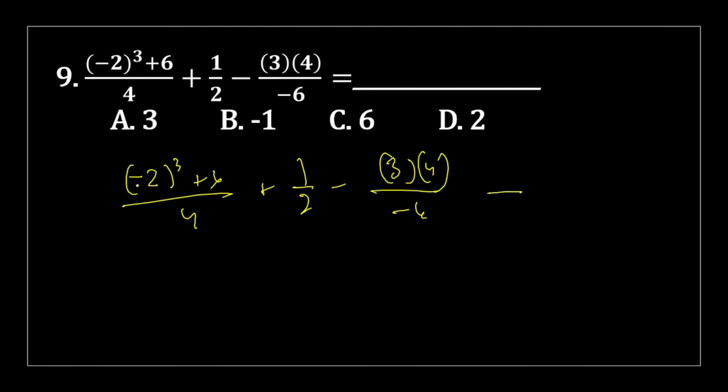In this case, negative 2 raised to 3 is negative 8, plus 6 over 4. That's 1 half minus 3 times 4, which is 12 over negative 6. In this case, negative 8 plus 6 is negative 2 over 4.